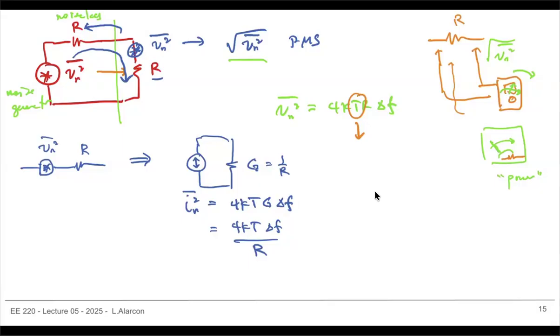Now, a few other things. If I have resistors R1 and R2 in series, let's just make a few things clear. If I had a noise source Vn1 squared with noise source Vn2 squared, remember, you cannot add RMS.